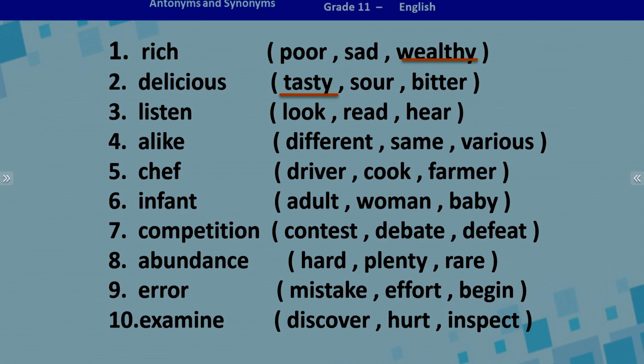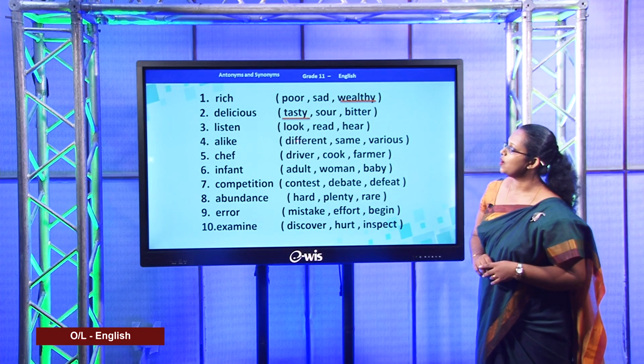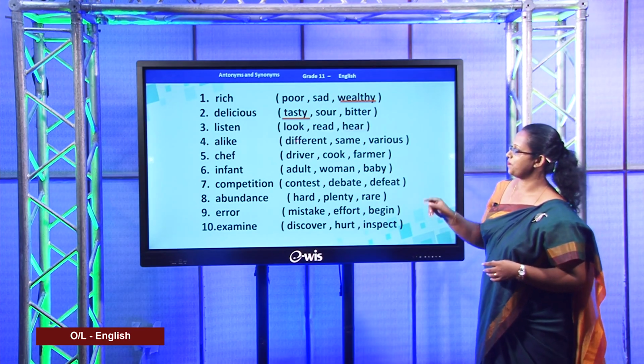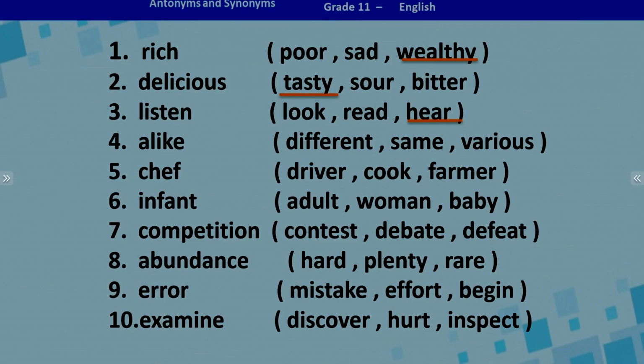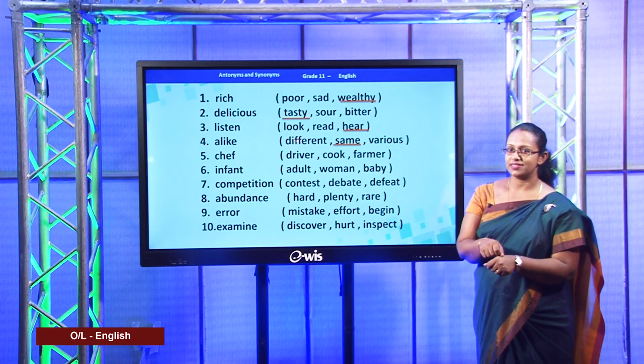Next one, listen. Of course, it's hear. Next one, alike. Is it different? No, it is same. Alike, same. A chef is a person who is wearing an apron, making things.